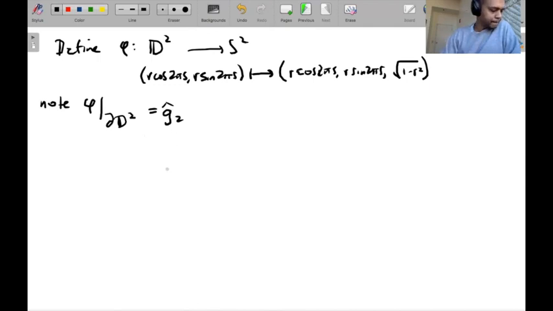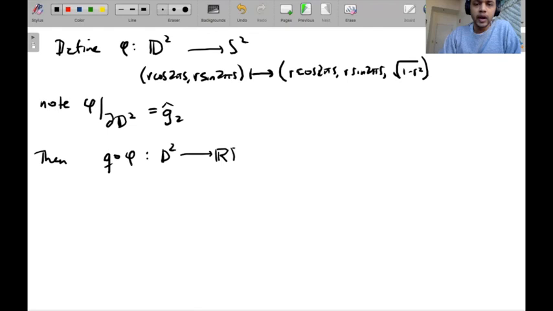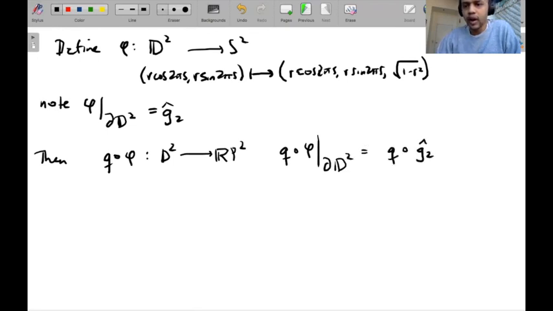And so then if we consider Q composed with phi, this is a map from D2 to RP2, and if we restrict to the boundary, this is Q composed with G2 hat, which is F2 hat.